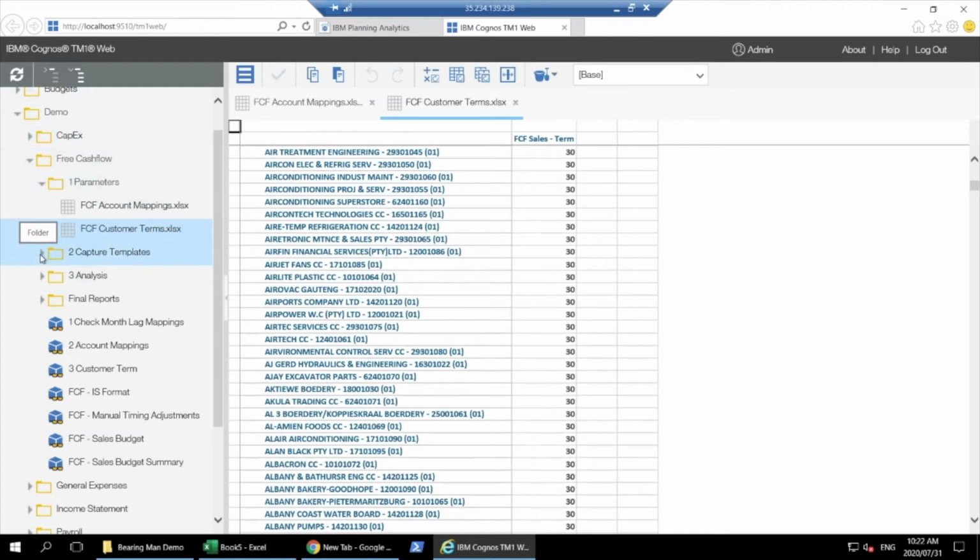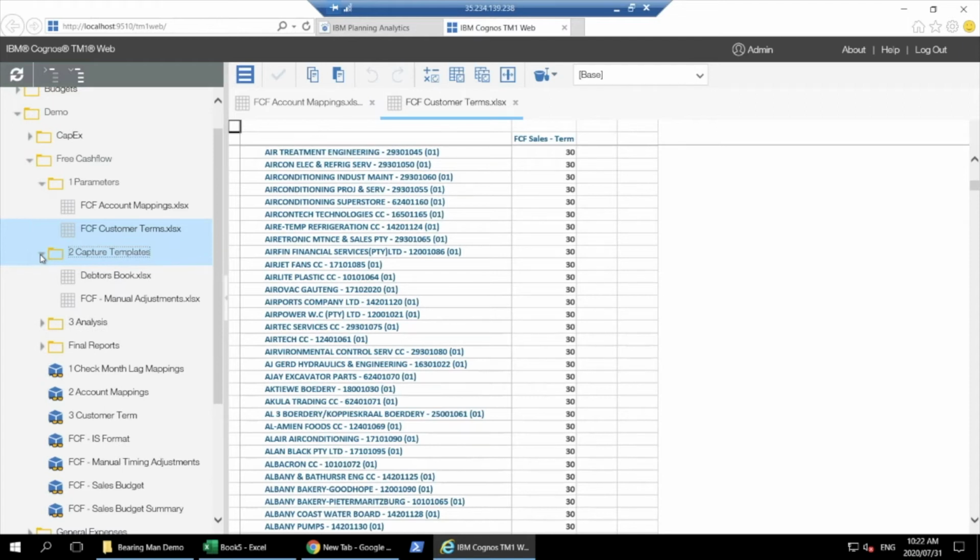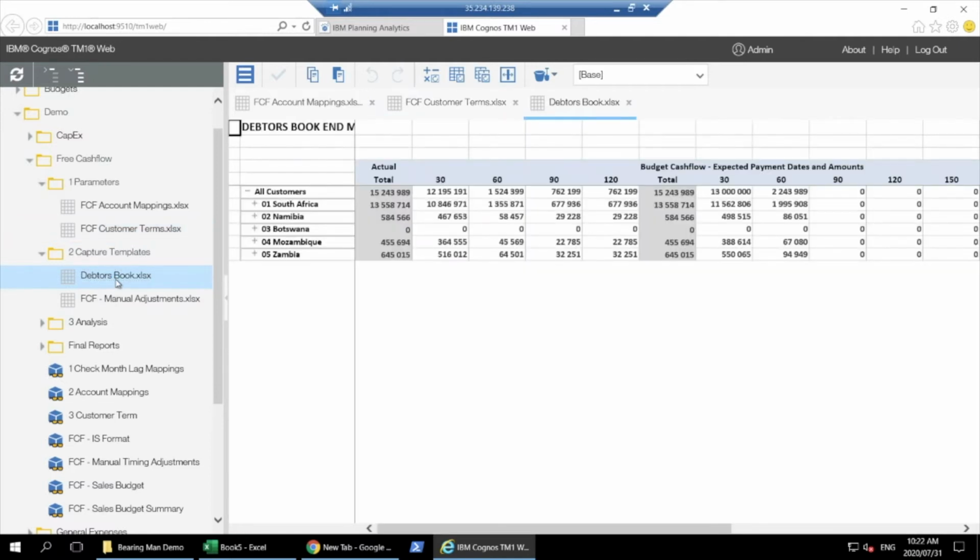Okay, and then what we have here is some more templates to capture information. So I have my debtors book that I would bring in. In this scenario, we've kept it fairly simple. We are starting to budget the cash flow at the end of one financial year, and we're moving into another financial year.